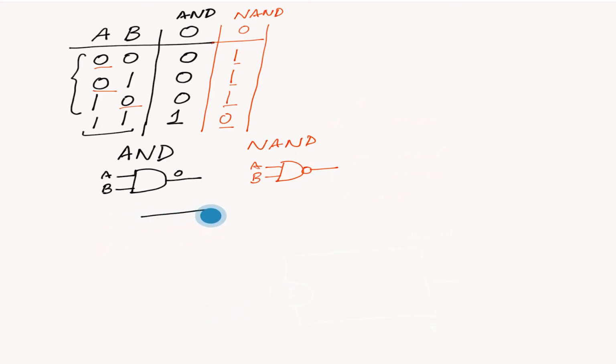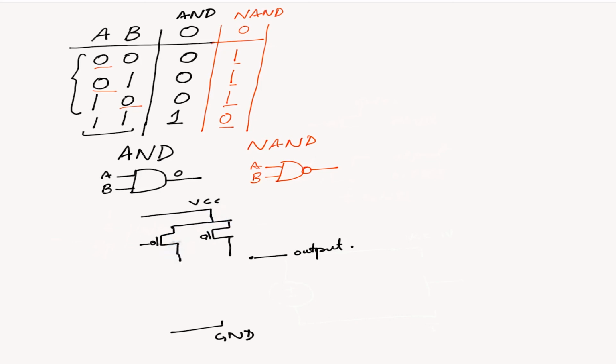Again, this is our supply voltage, this is our ground, and this is our output node. For a NAND, we put two PMOSes in parallel. Both their sources are connected to the supply voltage.